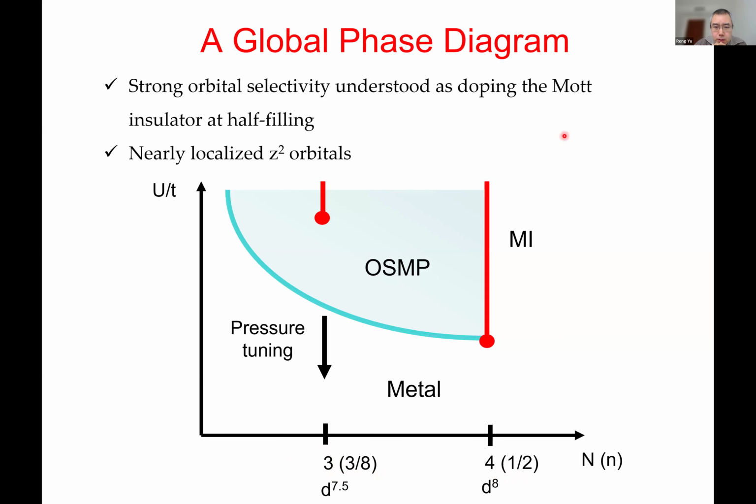If we understand this according to this global phase diagram, this Mott insulating state would have a very large threshold value of U, so it's not easy to stabilize. But in the iron-based superconductors, we already see in the model calculation that it's much easier to stabilize such a Mott insulating phase. That's because of the different electron filling number. Yeah. Thank you so much.